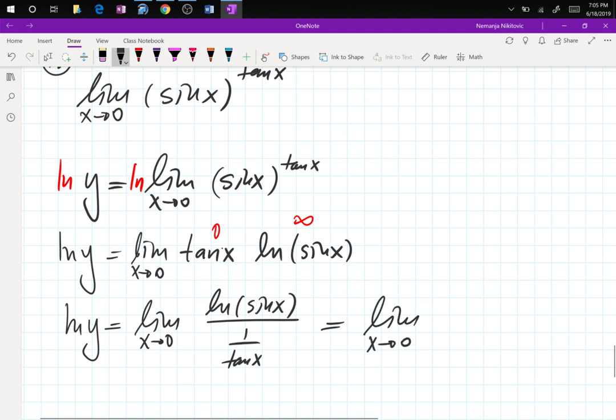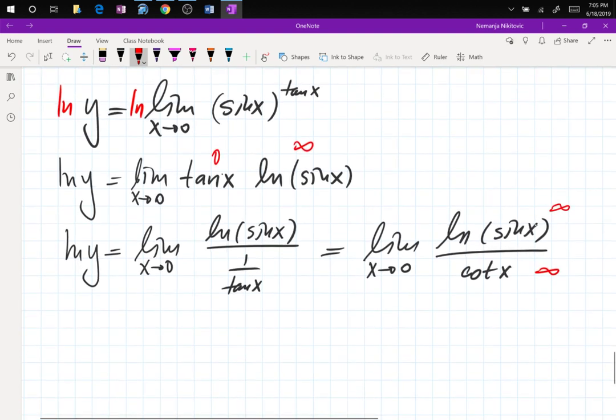X goes to 0, ln of sine x divided by the cotangent x. And we finally have infinity over infinity. Oh, right. Two. So now I can take derivatives.